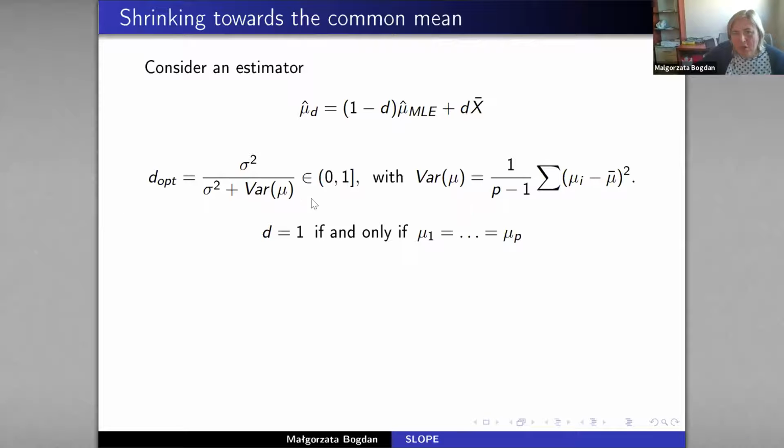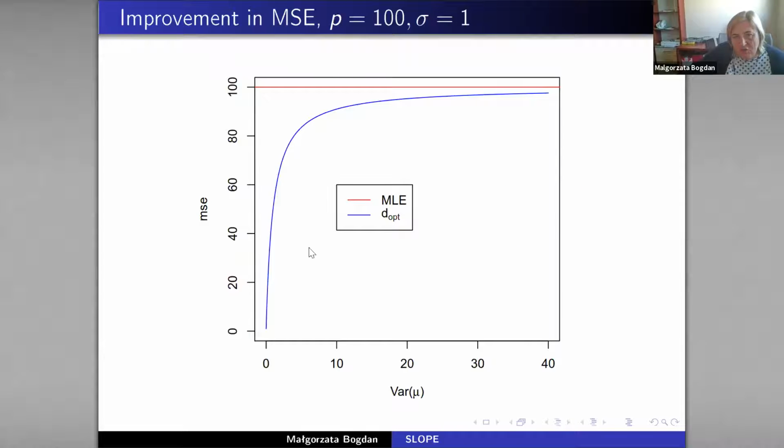And again, this D optimal is larger than 0, which means that this optimal selection of D is always better than D equal to 0, better than the case when you use MLE. And again, you have this graph which shows that when you pick D optimal, you can get a much better variance.